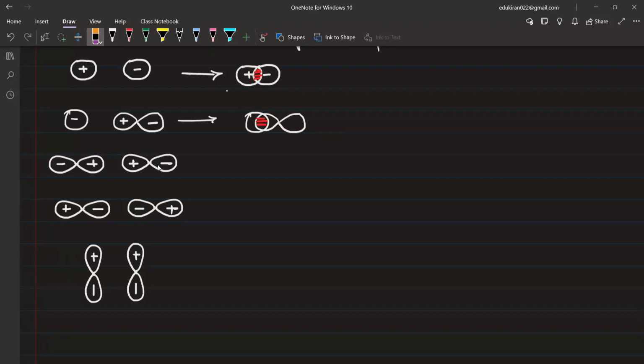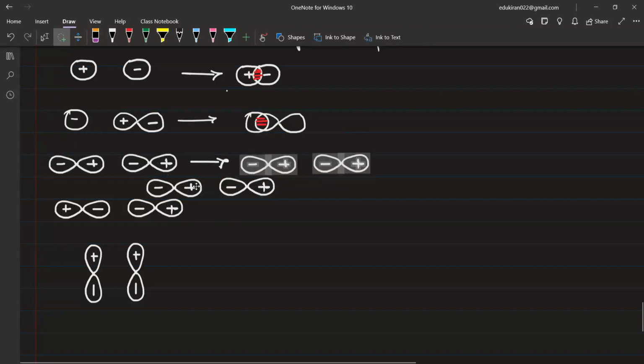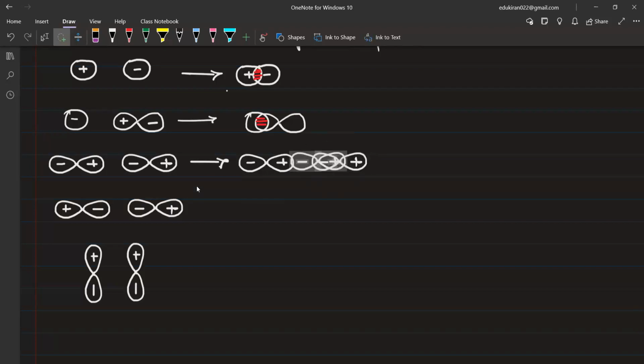Similarly, you can have positive negative like this. So when they overlap with each other, so again there will be what? So there will be vacant space here. Okay, there is repulsive forces. They will cancel out each other.